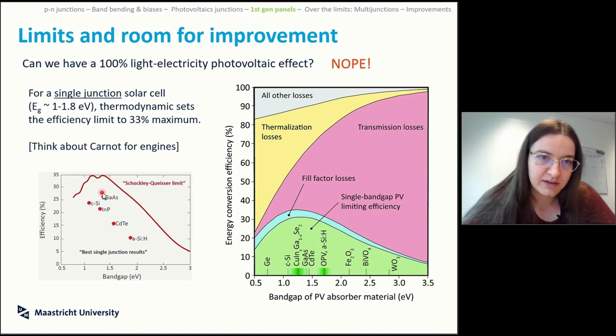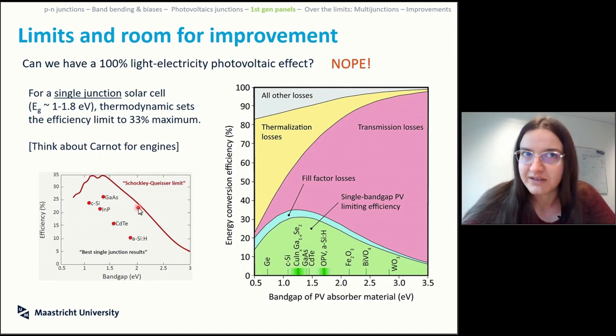You can see here a series of possible materials and their relative band gap: crystalline silicon, amorphous silicon, cadmium telluride, indium phosphide, gallium arsenide. And this is what we call the limit of efficiency of a solar cell, known also as the Shockley-Queisser limit.